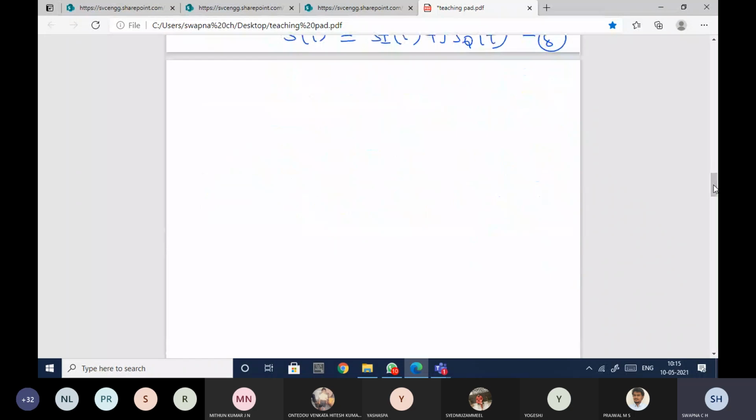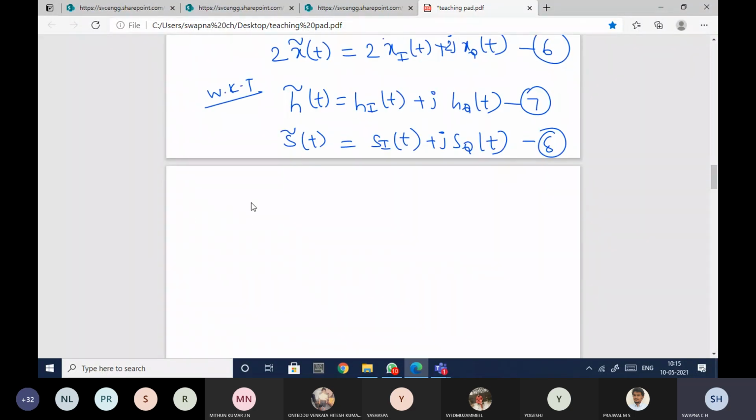Now I'm trying to build the block diagram using hi of t, si of t, hq of t, and sq of t, and using these I'll find what xi of t and xq of t are. That is why I have taken these equations.